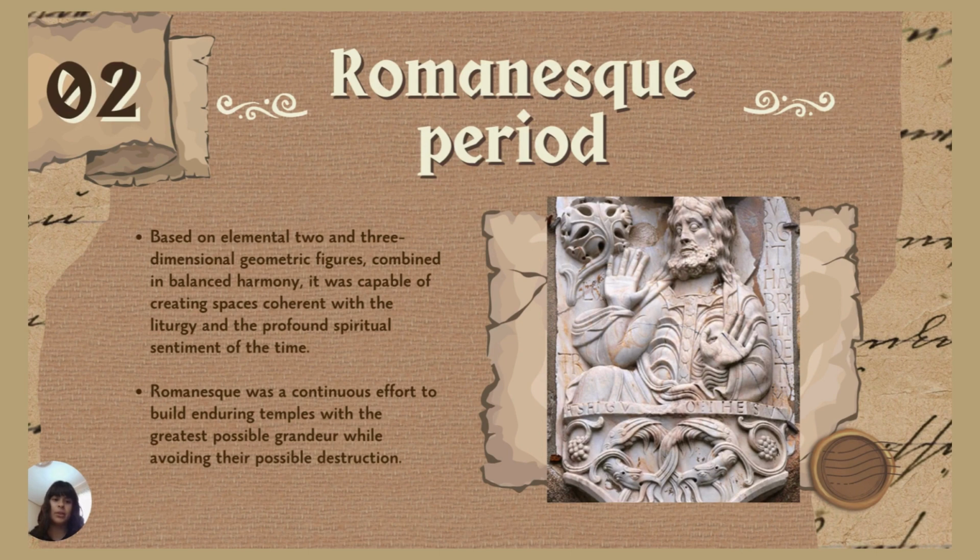These figures, from the perspective of a tourist or any person, are in balance with the harmony of the creations, because in these sculptures we can perceive the spiritual sentiment and the liturgy of the Catholic religion of that time.